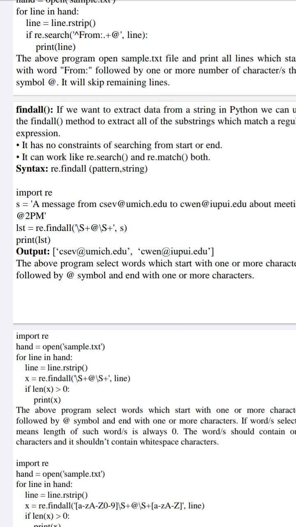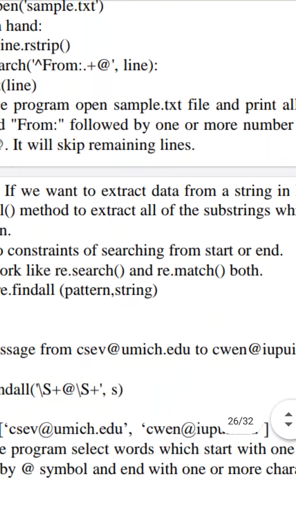And then if you observe, I am calling the search function and I am restricting the search, stating that the beginning of the line should be from: after that it can have any number of characters, because here we are stating dot plus.